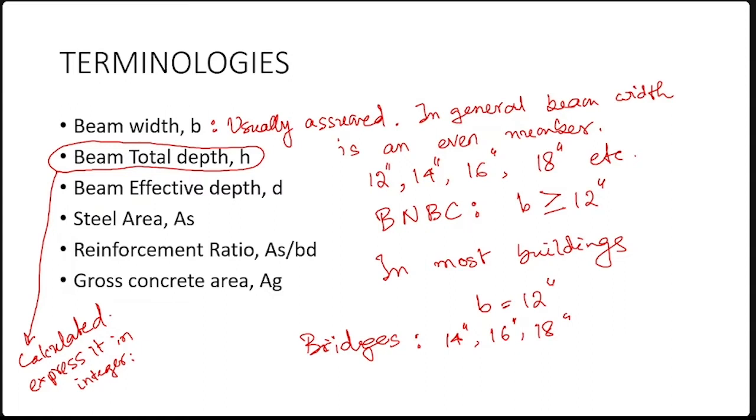But odd numbers are possible. People express it in odd numbers, but it's better to express it in integer, not in a fraction with decimal points, because any fraction will provide some extra work, extra manpower on site. So we'll keep everything easy to understand for the contractor and basically for the workers.